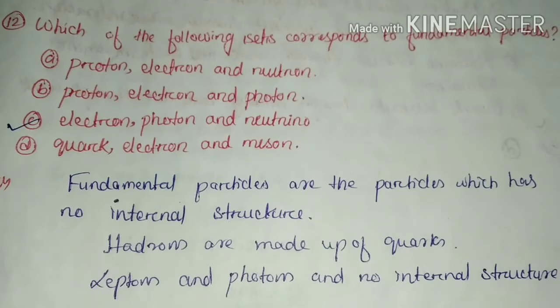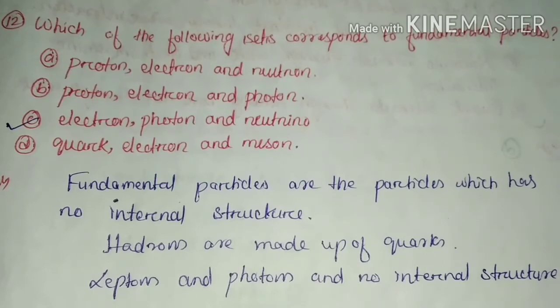Now we will see about hadrons. What are the examples of hadrons? Baryons are fermionic hadrons. Baryons and mesons are examples of hadrons.